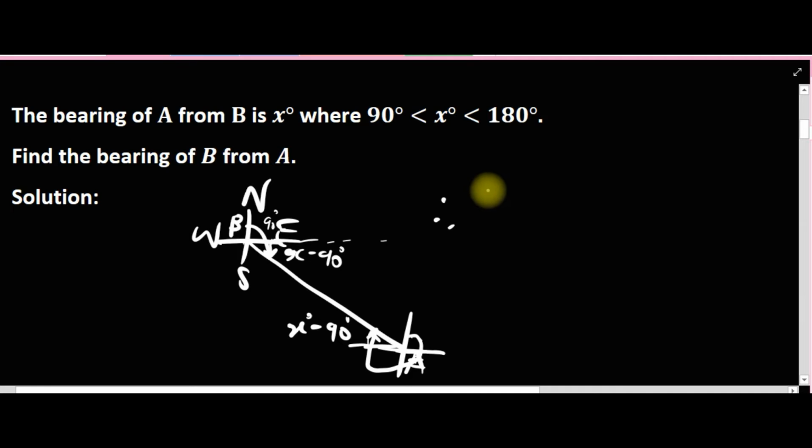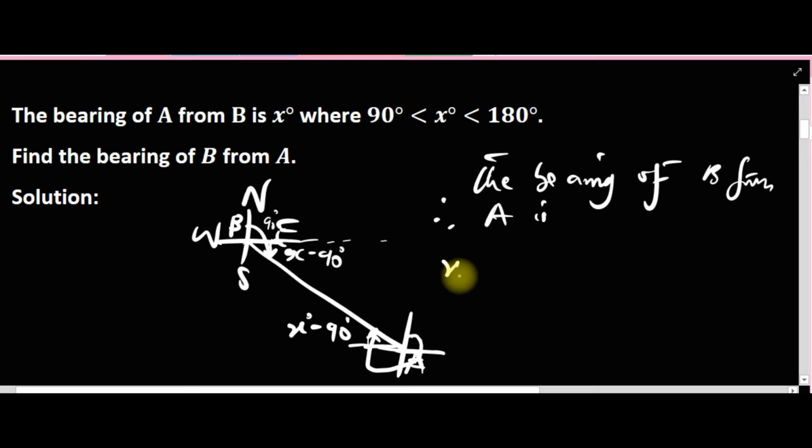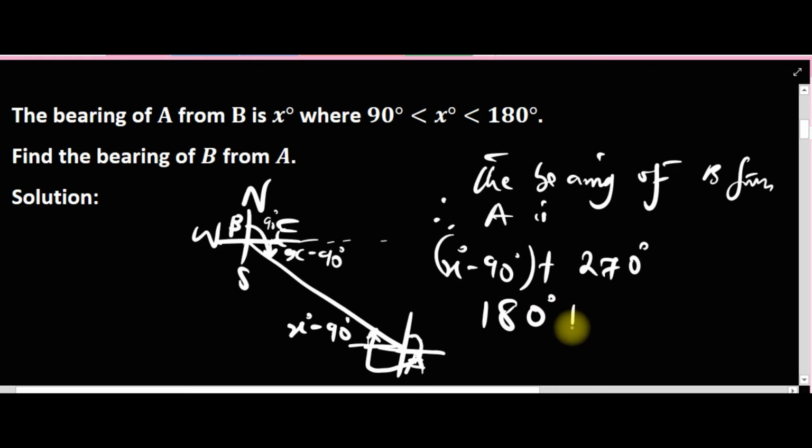So the bearing of B from A is x minus 90, that's this small angle, plus 270, because the remaining is 270 degrees. 270 minus 90 is 180. So my answer is 180 plus x.